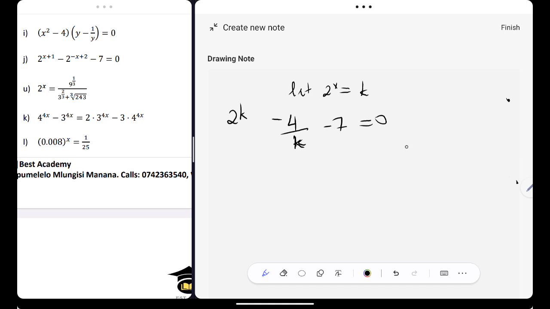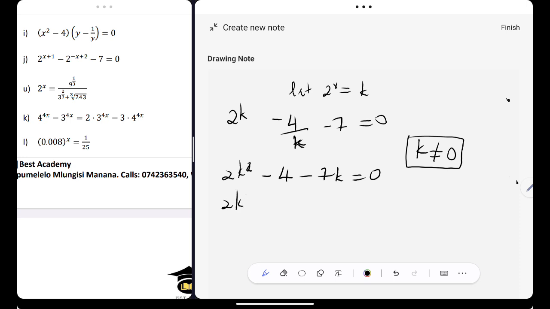But since I have a fraction, my restriction is important. K must not, whatever thing that I find as a solution, K can never be 0. Because if K is 0, this entire thing will be undefined. Okay, if I multiply everything by K, I'll have 2k squared minus 4 minus 7k is 0.